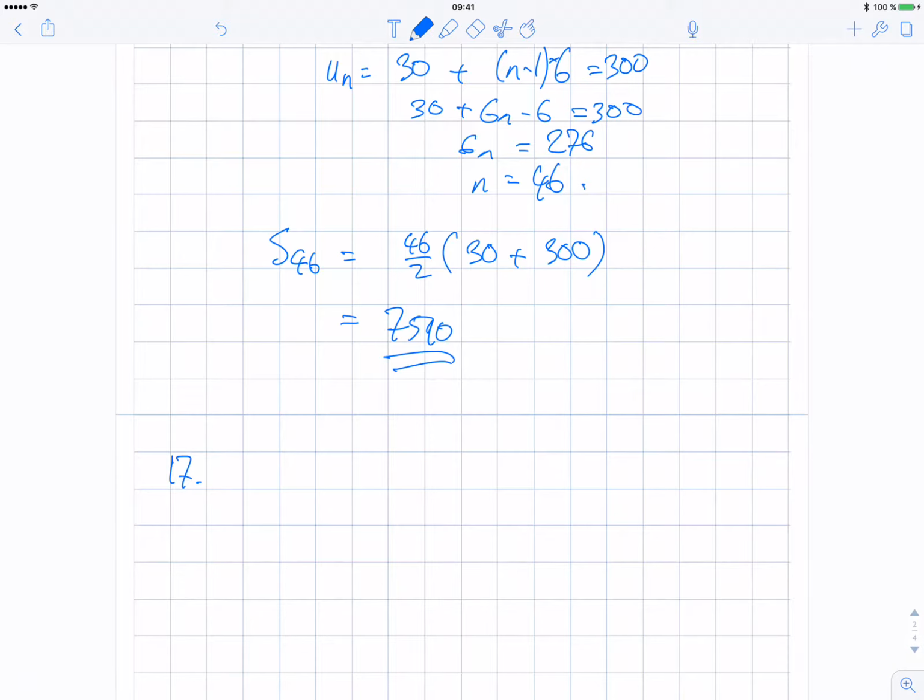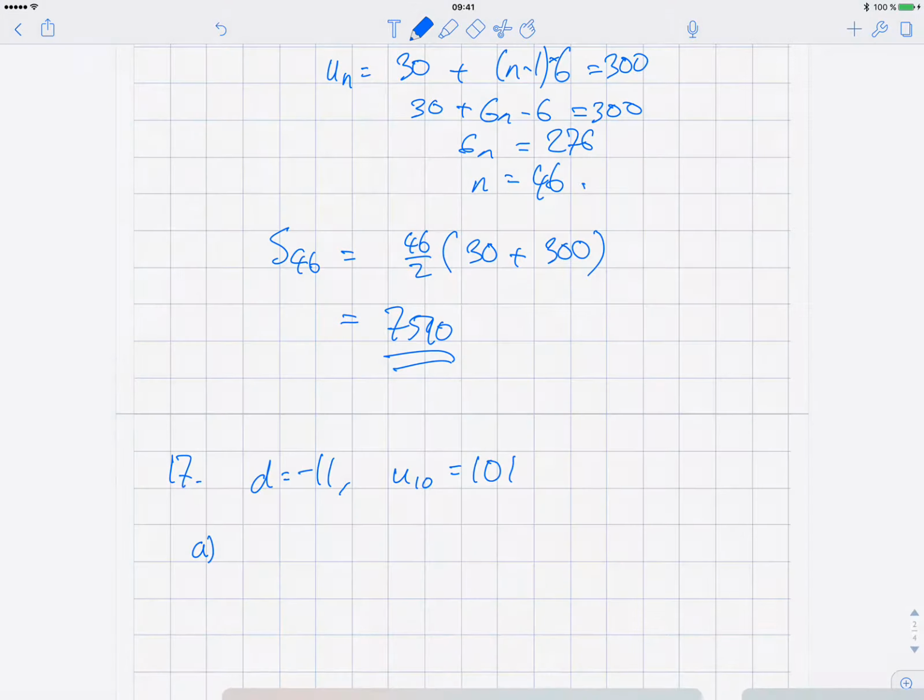So question 17 says, an arithmetic series has common difference minus 11, and 10th term is equal to 101. Find the first term of the series. So u1 is equal to a, well, I'm going to use u10 actually. u10 is equal to a plus 9, actually, so you can see I've got 10 minus 1 times d, and that's equal to 101.